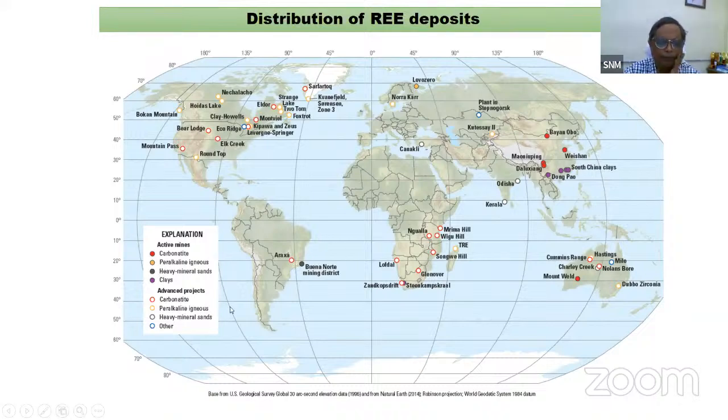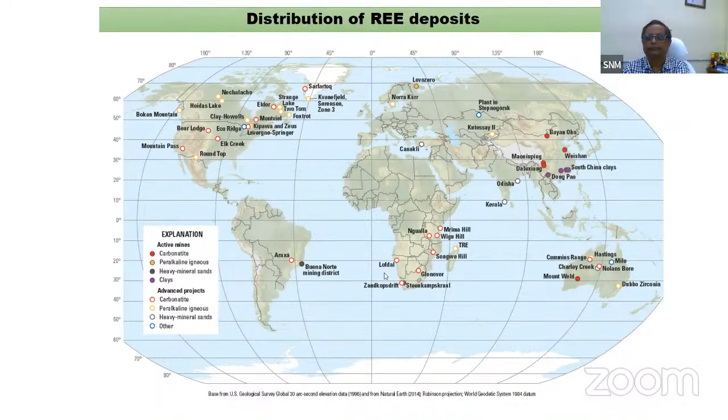And moreover, you can see here the four axes that we are trying to tell: carbonatite is axis one, then alkaline igneous rocks, alkaline silicate, syenite kind of rocks or their volcanic equivalents, then the heavy mineral sands and clays. These different colors represent different parts.